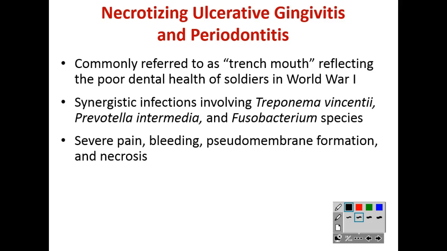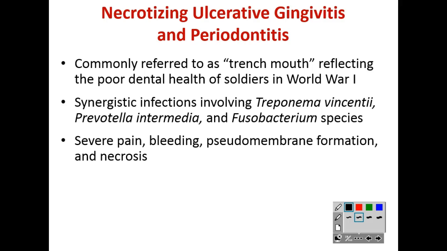Necrotizing ulcerative gingivitis and periodontitis are commonly referred to as trench mouth, reflecting the poor dental health of soldiers in World War I. Did the soldiers out there fighting the war, were they able to brush their teeth all the time? Do dental floss after they ate their rations?